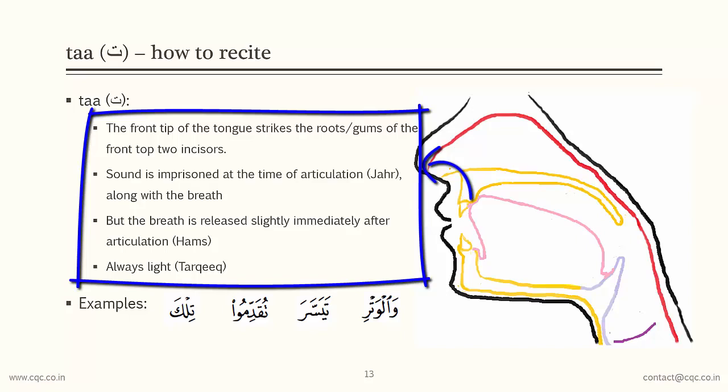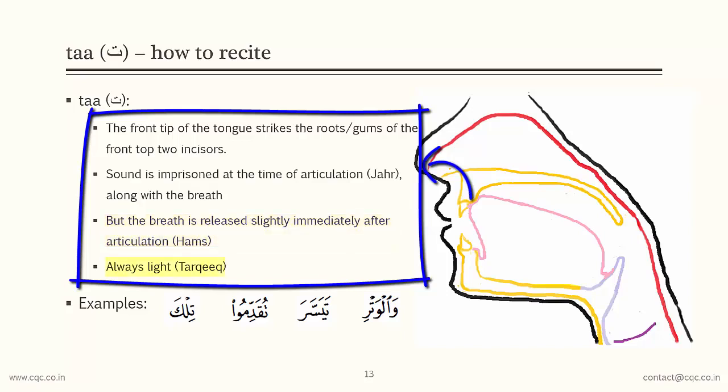But the key point of difference is what happens after this. While the ta has a qalqalah which causes the separation between the tongue and the palate, the letter ta has the characteristic of hams, due to which the breath is slightly allowed to pass immediately after articulation, and there is no qalqalah, as in at, it, ut.